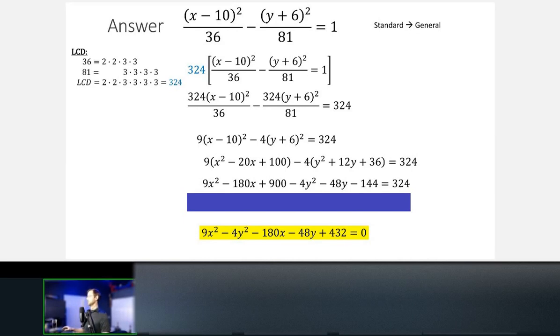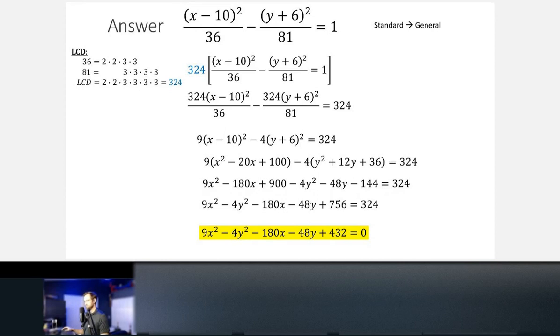So where's the mistake at? What happened? For some odd reason, I wrote down 321 instead of 324. Yeah, that'll do it. You just wrote the wrong number down. That would do it.